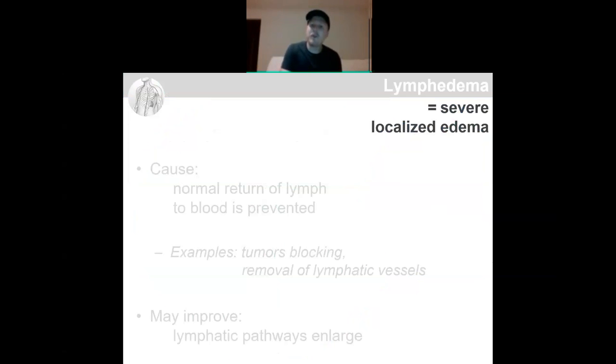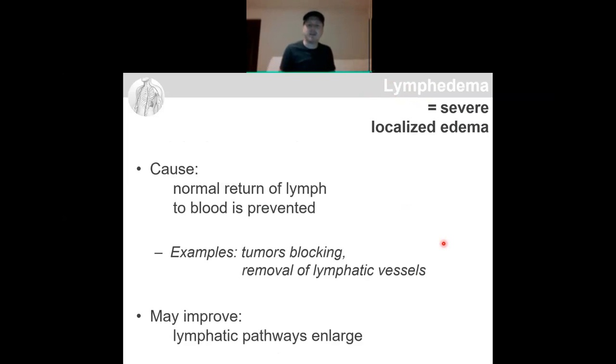So really, again, I was thinking, how do we relate this to something that you actually need to know? Well, if our lymphatic system doesn't work properly, we end up with edema. And because it's now lymph that's causing this edema, it's called lymphedema. Some of the causes of lymphedema are if you have a tumor, for example, blocking one of the lymphatic vessels, or if we have to remove lymphatic vessels because of some conditions that you might have.